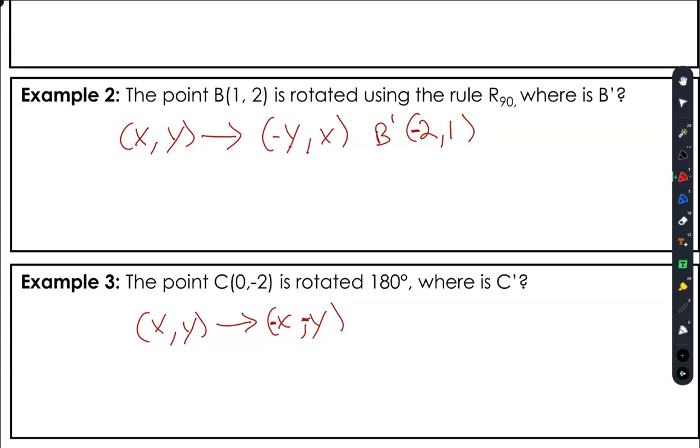On this one we've got 0 and -2. We don't swap them, we keep them the same. But we need to change the sign on each. The 0 doesn't have a sign, so that just stays 0. And the 2, we're going to change from negative to positive.